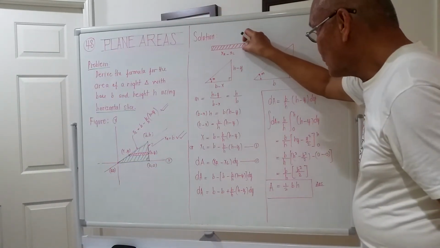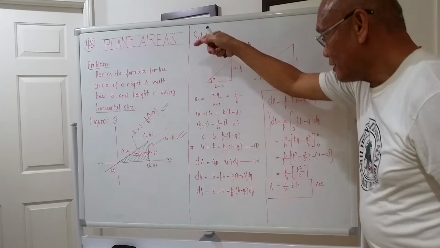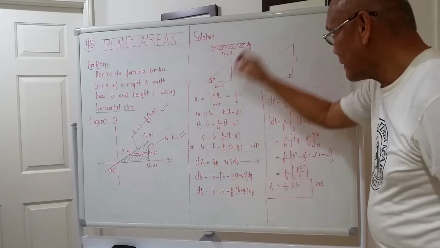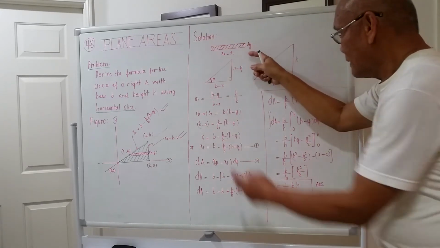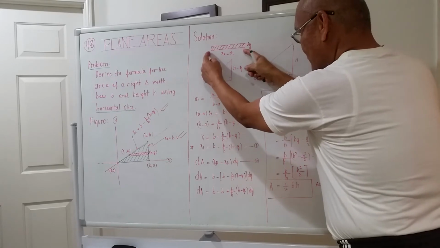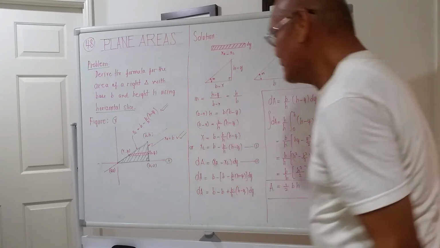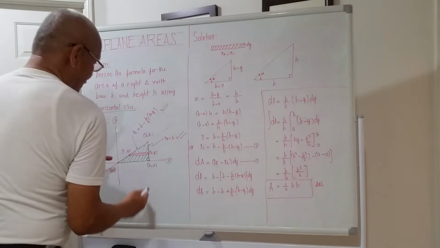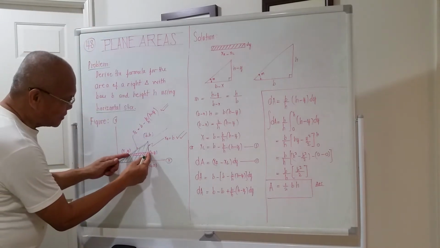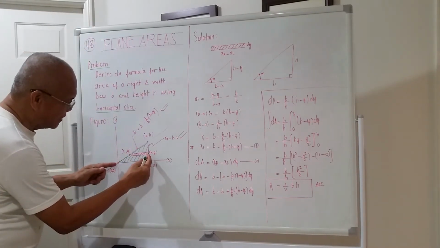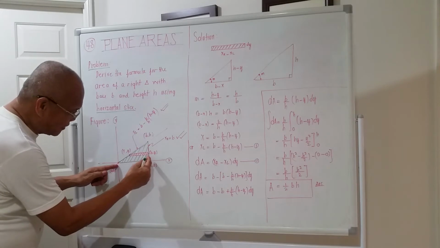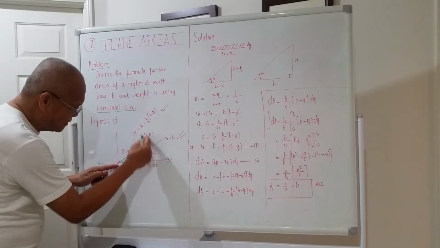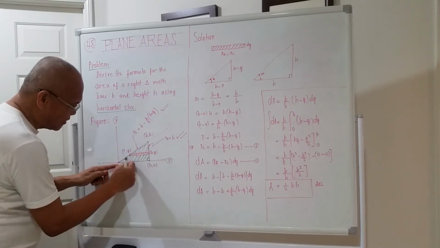The thickness is dy. It is vertically upward or downward, right? dy. And the length horizontally is xr minus xl. The length of this horizontal slice is actually this length here minus this length here.